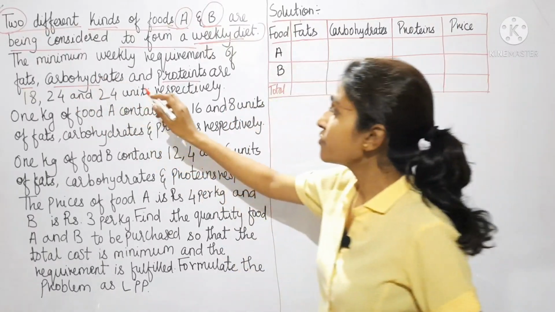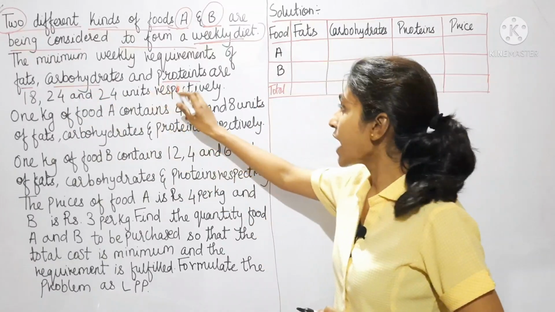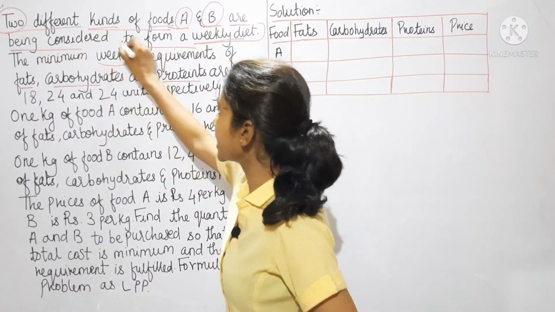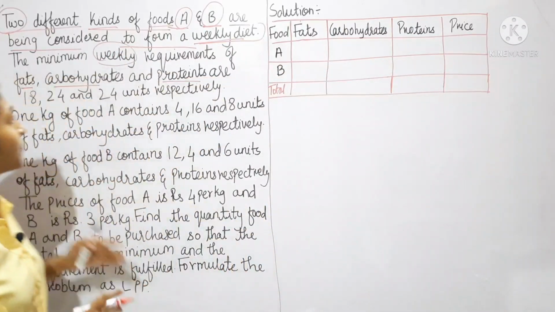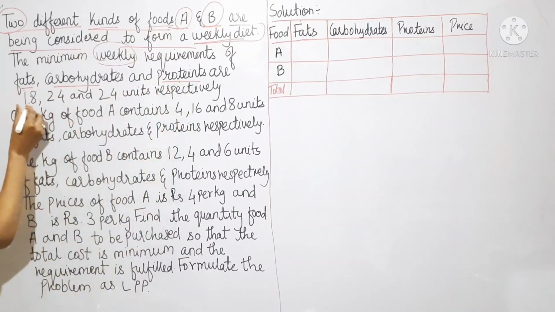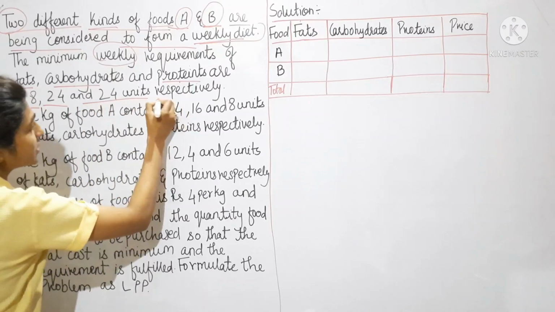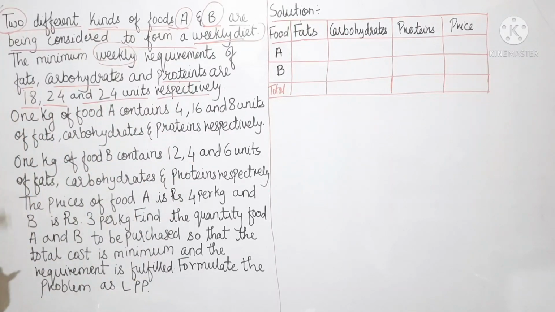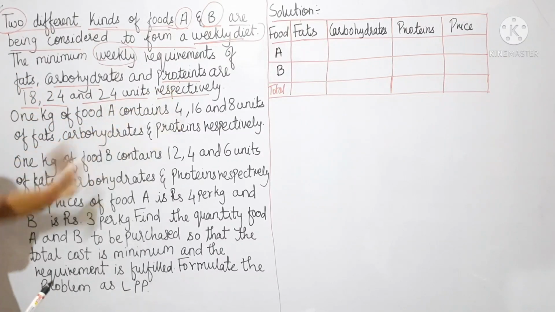This minimum requirement of fats, carbohydrates and protein is weekly. So the minimum weekly requirement of fats, carbohydrates and proteins are 18, 24 and 24 units respectively. So fat 18, carbohydrate 24, proteins 24 units respectively.